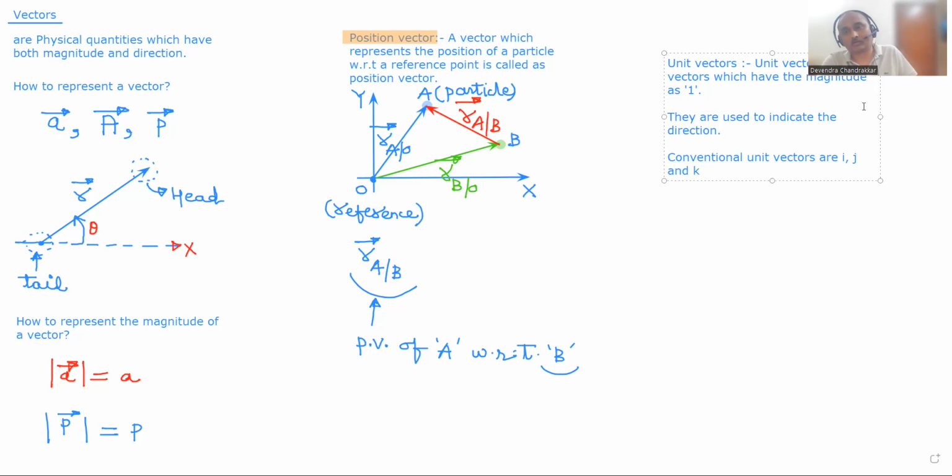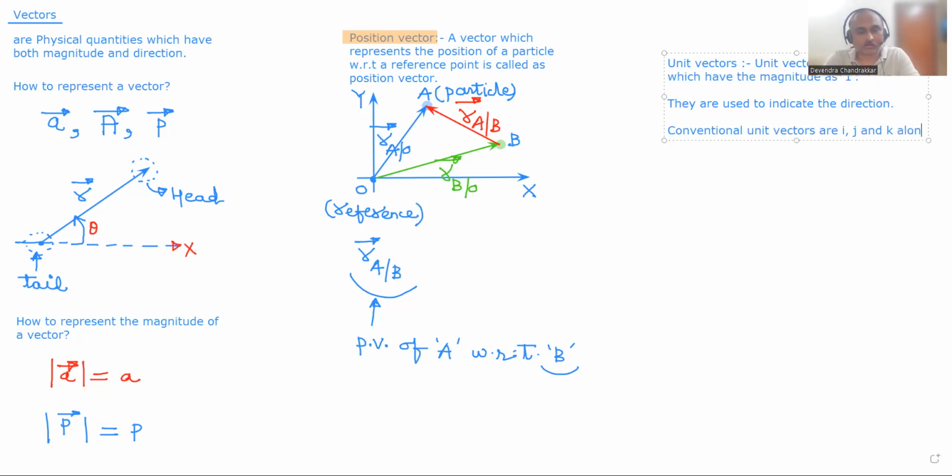I'll tell you what is this I, J, and K. Along X, Y, and Z axis respectively. I cap, J cap, and K cap. Understood?